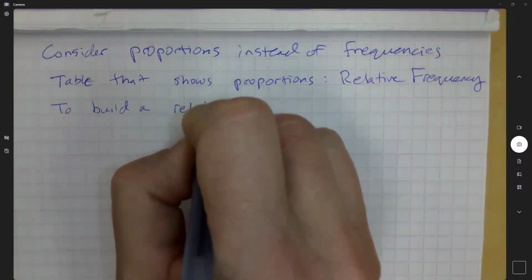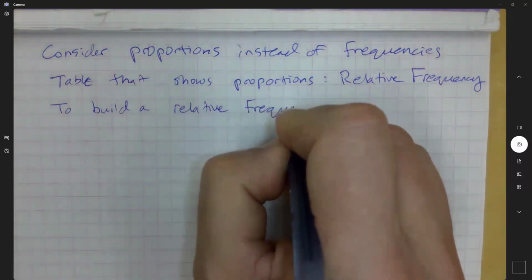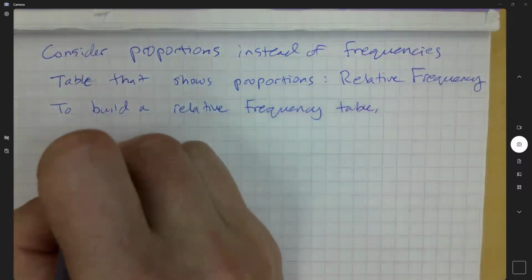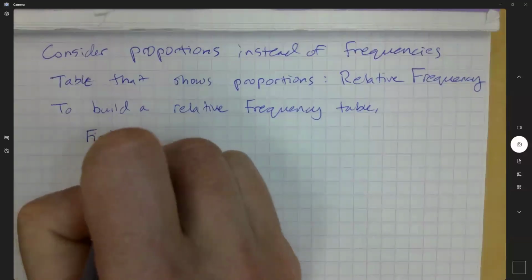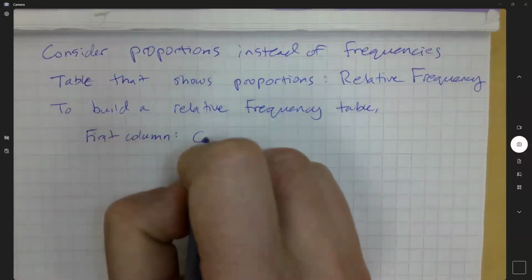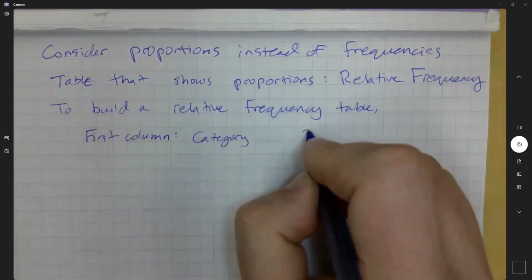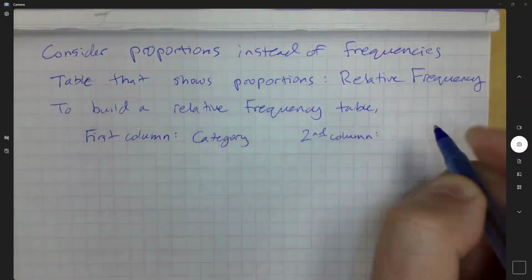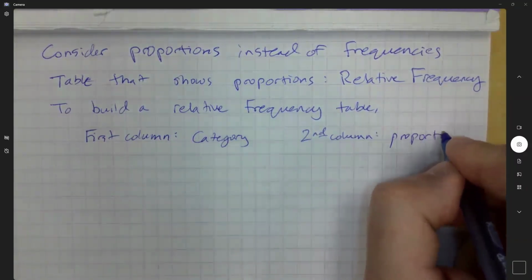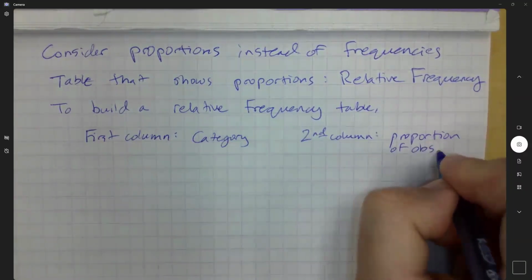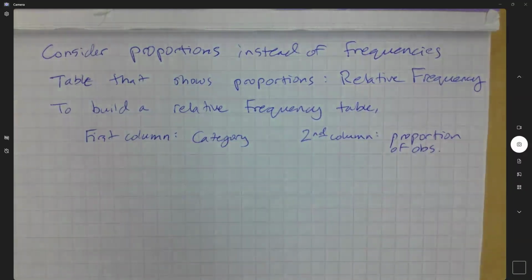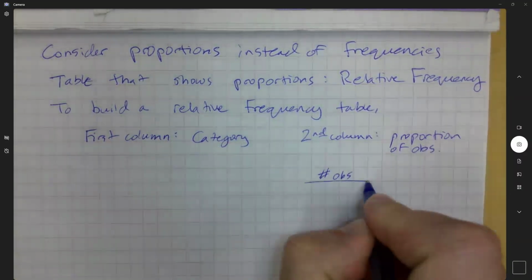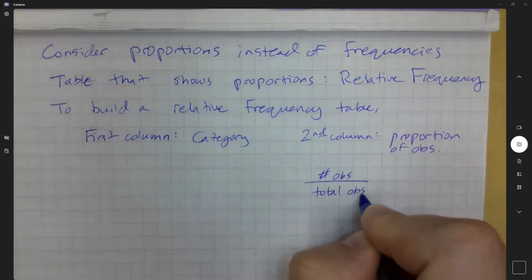To build a relative frequency table, you have two columns. First column is a category. Second column is the proportion of observations instead of the number of observations. Or if you want to calculate it, it's the number of observations divided by the total observations.